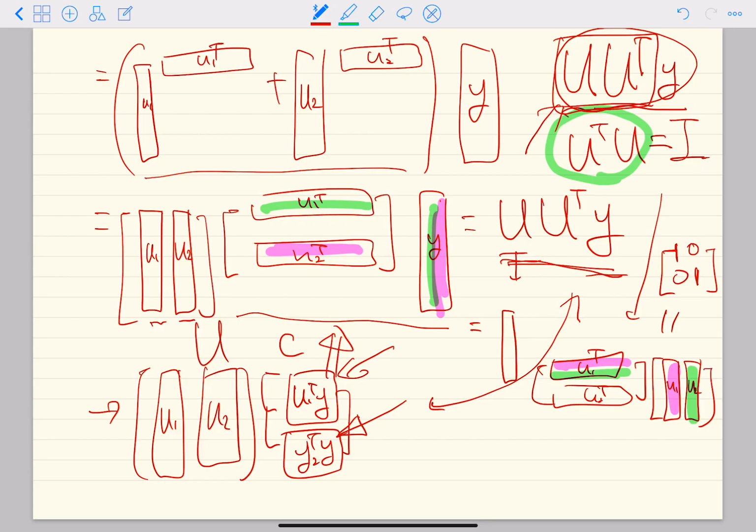But here our orthogonal projection is represented as a matrix times an input vector. So what does that mean? Orthogonal projection is a linear transformation. And what is the property of this linear transformation?